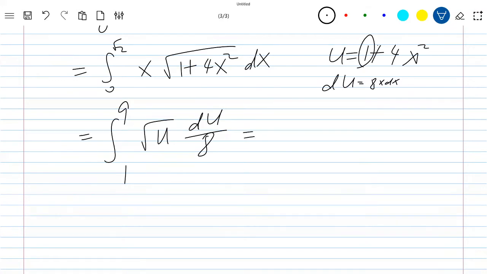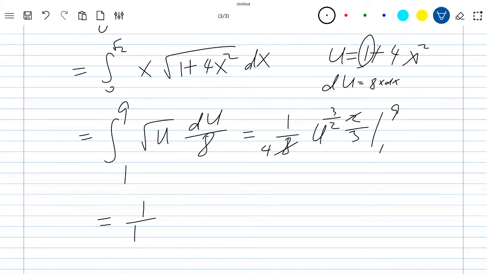So you have 1/8, then u to the 3/2 times 2/3 from 1 to 9. You can do the cancellation, you have 1 over 12, and then 9 to the 3/2 is 27 minus 1, that is 26, which is 13 over 6. Alright, so that's our answer.